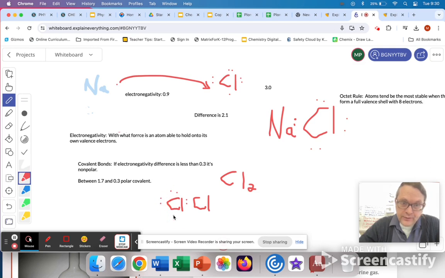And they have a very strong attraction for each other, but they have a weak attraction to other chlorine molecules.